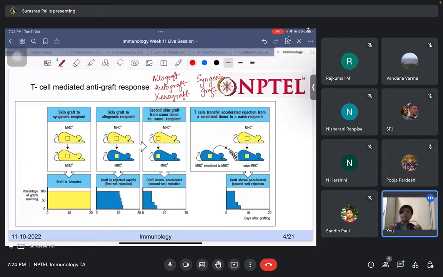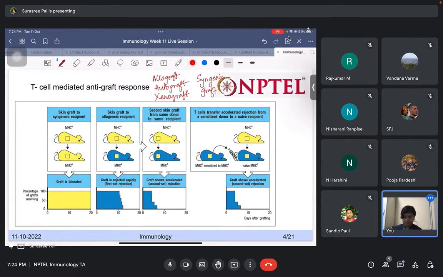However, the syngeneic graft is the transplantation of cells or tissues or organs between two genetically identical persons, who might be identical twins, right? Otherwise, that's not possible. Any individual is not genetically identical to any other person, right? So these are the different types of transplantations that are actually possible.